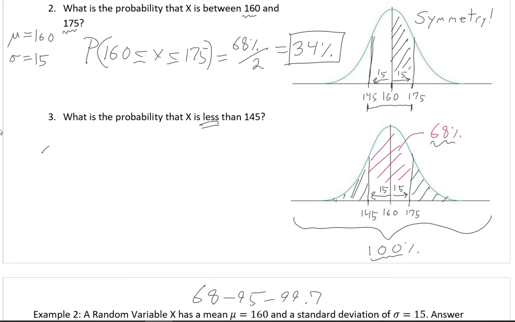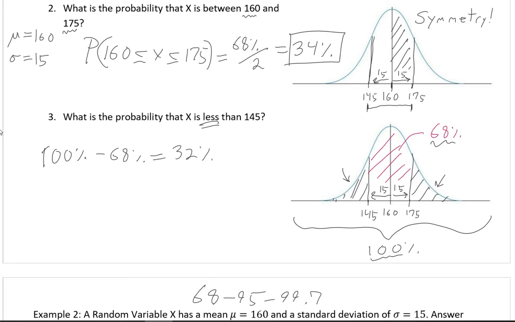So if I do 100% minus 68%, I get an answer of 32%. However, that is how much is in both of the tails combined, the left tail and the right tail. Keep in mind, though, that we know symmetry.